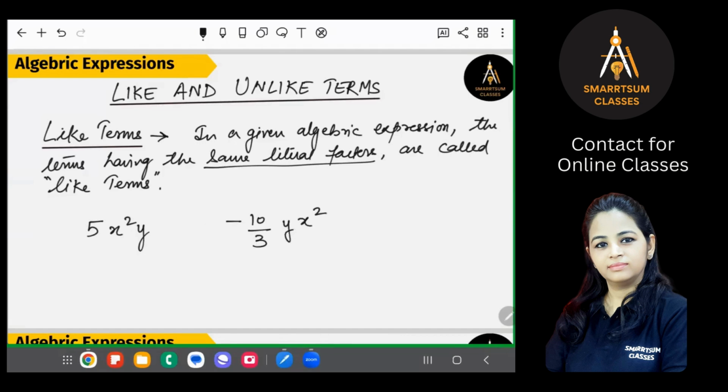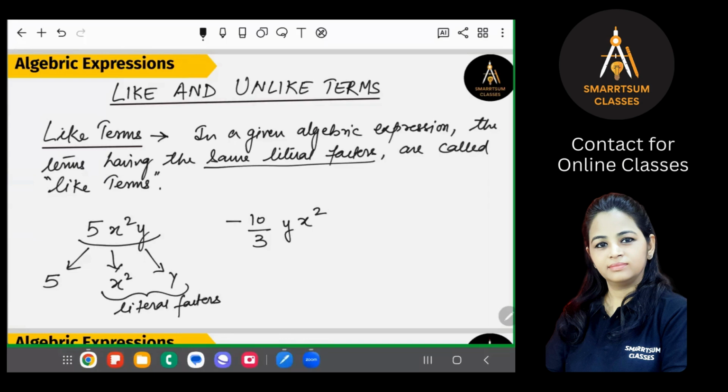So very first we will see what are the literal factors, right? In this first term, 5x square y, what is the constant factor? 5 is the constant factor, yes or no? Then x square and y are the literal factors, yes or no?